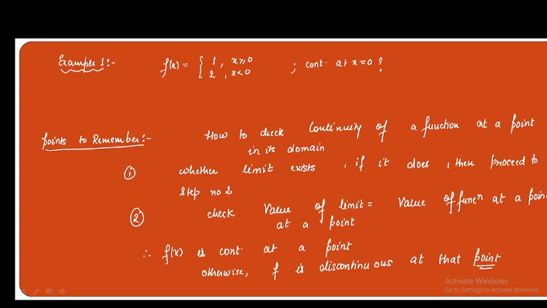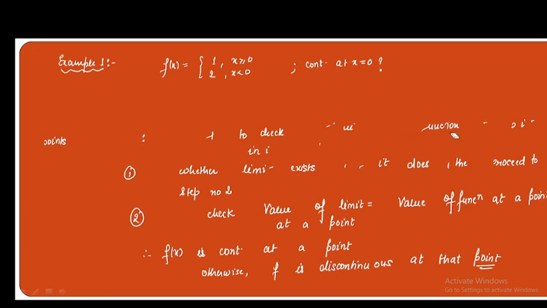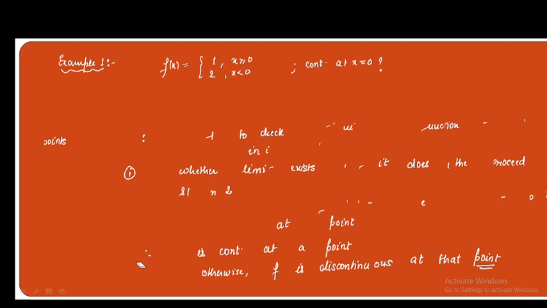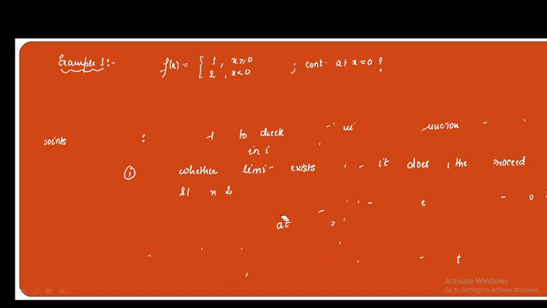Got it? So these are the points that you have to understand and remember. Okay. Now let's look at some examples through which we can understand the concept of continuity in a more precise way, right? So let's see. Here you can see what is the function here.